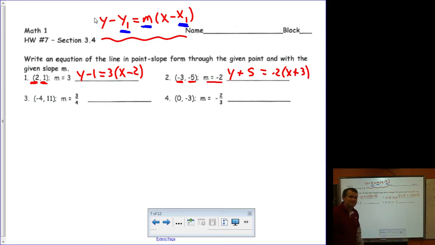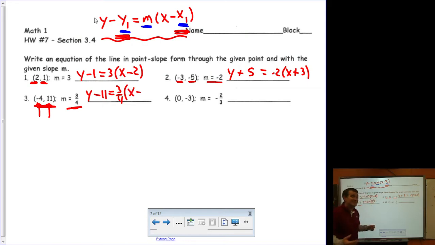Number 3, I'm going to substitute my x and y values in for the x1 and the y1. So I would get y minus the y value, which is 11, equals the slope, which is 3/4, times x minus the x value.